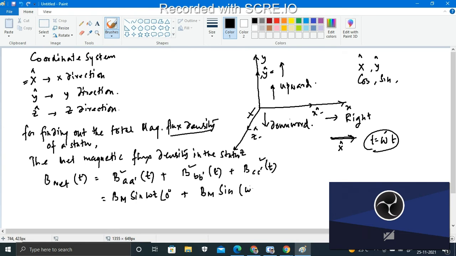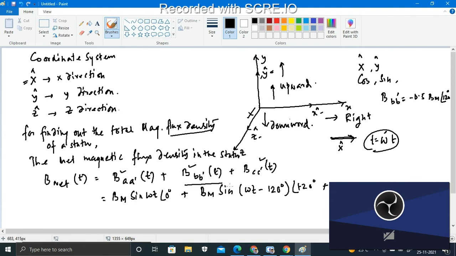Sine omega t minus, not 90 degree, it's 120 degree, because of the value of b dash I found in the previous case, that will be minus 0.5 BM at an angle 120 degree. The same thing we are implementing here also for the coil b dash t.